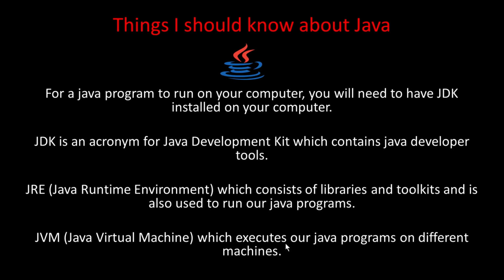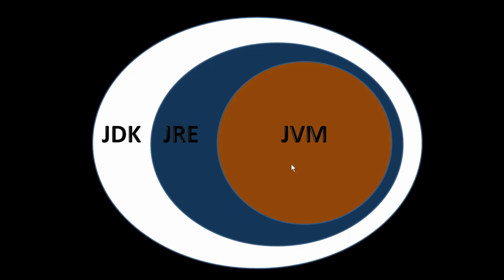Here is a little illustration of what I mean by the JDK, JRE, and JVM. As you can see here, this white circle is for the JDK, the blue one is for the JRE, and the gold, or dark yellow, contains the JVM.